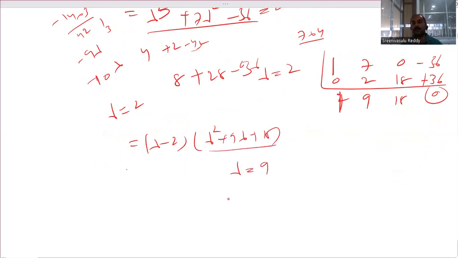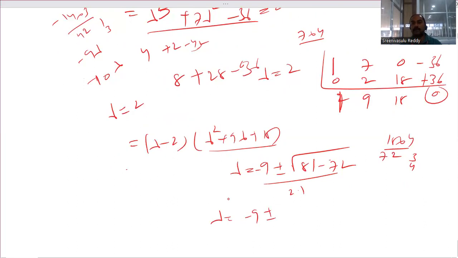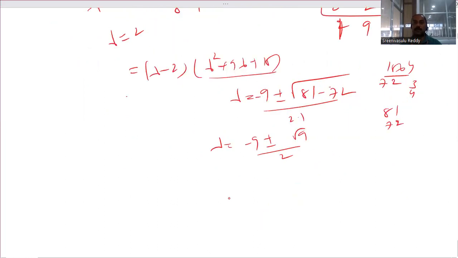Lambda equals minus b plus or minus square root of b square minus 4ac, 4 into 18, 72, by 2a. Lambda equals minus 9 plus or minus square root of 81 minus 72. That gives 9, square root is 3, by 2. Here we get minus 9 plus or minus 3 by 2.